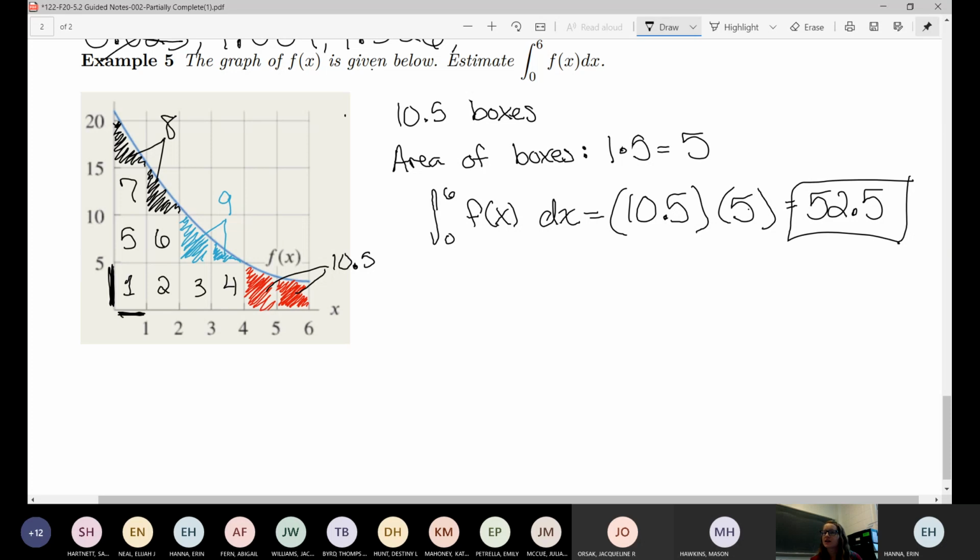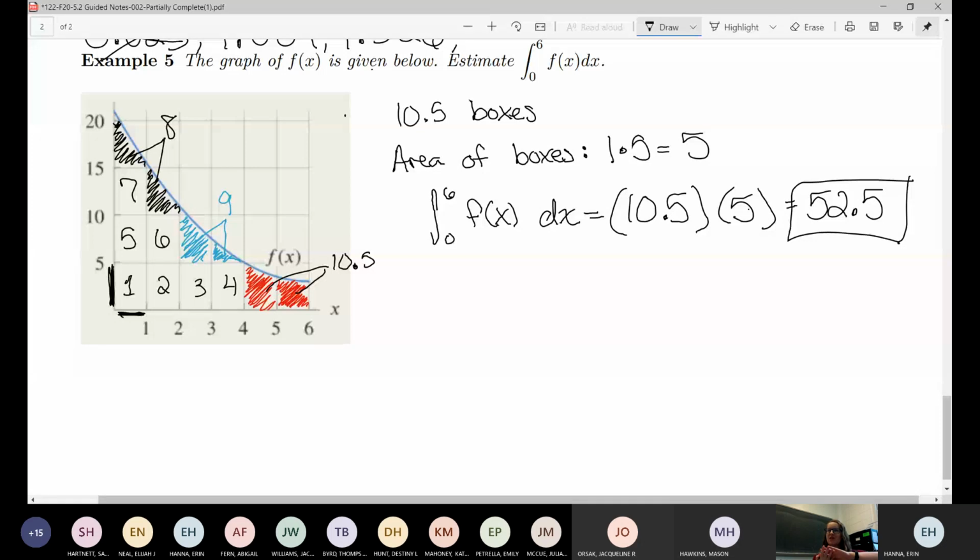Now, again, technically we could have done a Riemann sum here. The Riemann sums probably would have been a bit farther off because we were getting pretty decently close to the amount of area here. We're not doing a lot of overestimation or a lot of underestimation. But you have to have this grid structure already there. Don't draw your own grids.